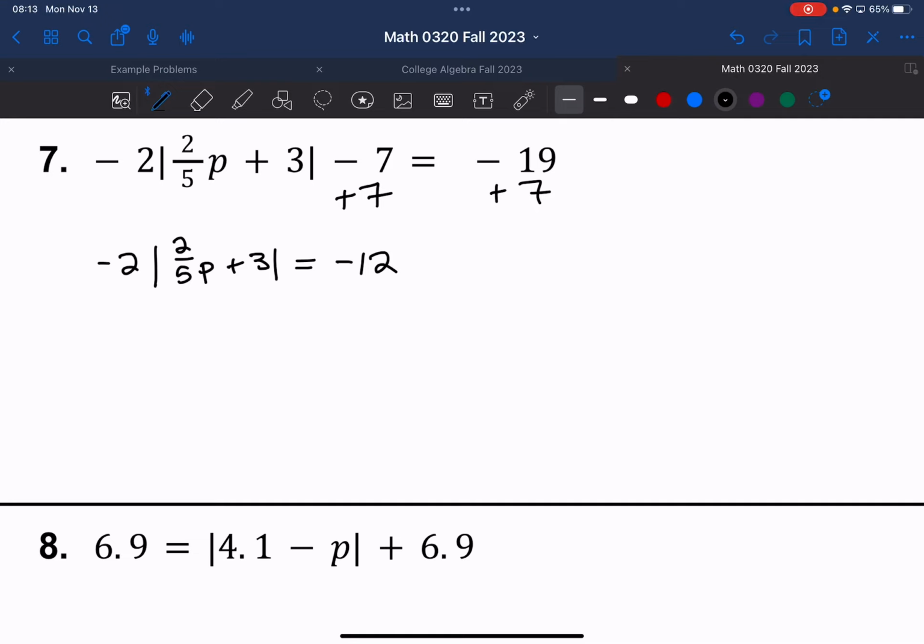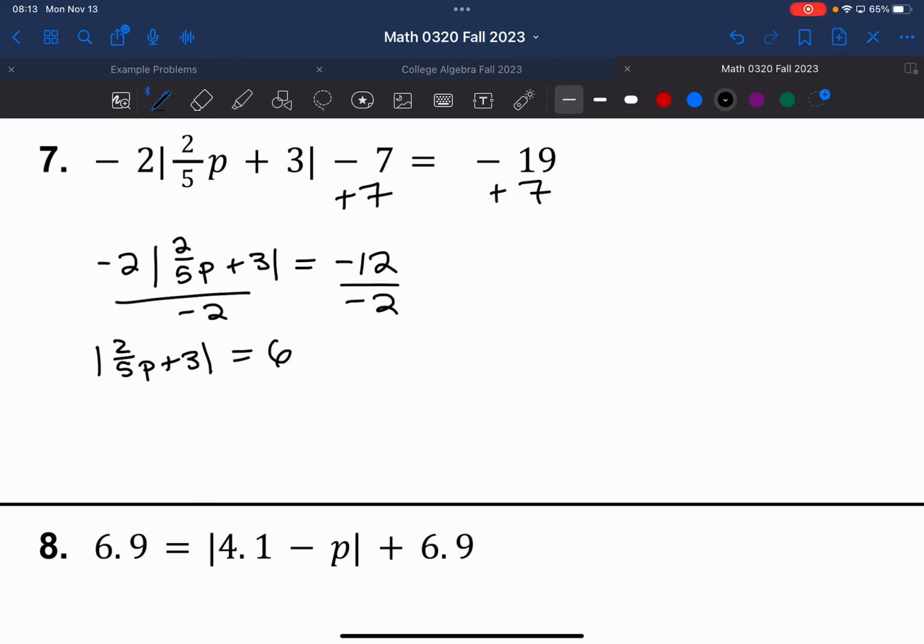What's the next step? Because my absolute value is not isolated yet. Divide by negative 2. And I get absolute value of 2/5 p plus 3 is equal to 6.